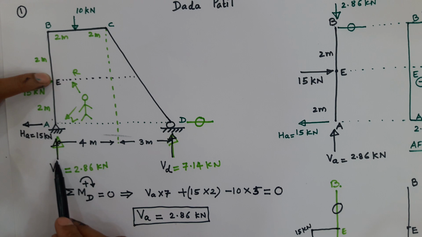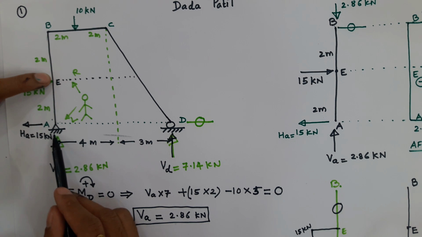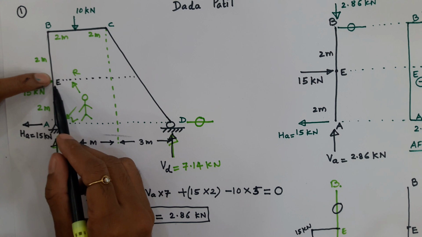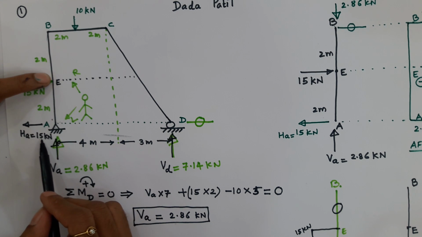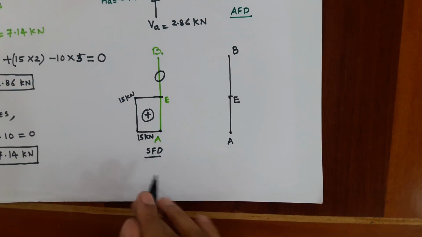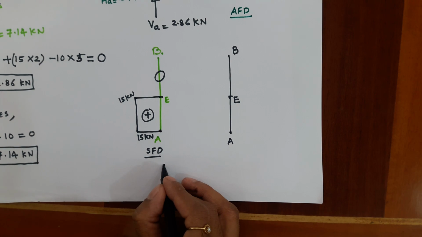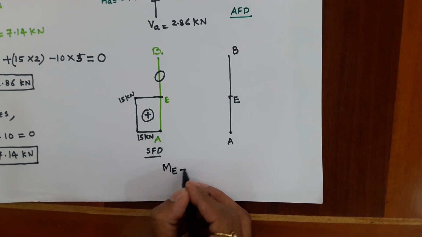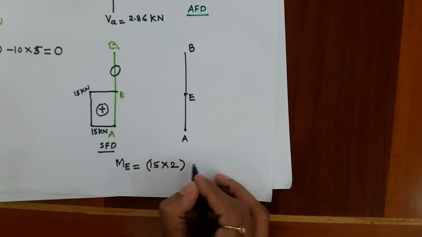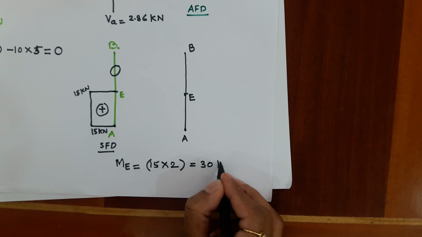Now we know that VA is axial at A, it is not creating any bending moment since there is no perpendicular distance. Now coming to the horizontal reaction 15, it is trying to open out part EA. So you can say ME, that is the bending moment at E, will be 15 into 2 positive, that is 30 kilonewton meter.